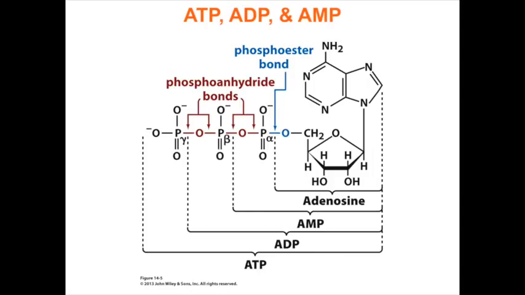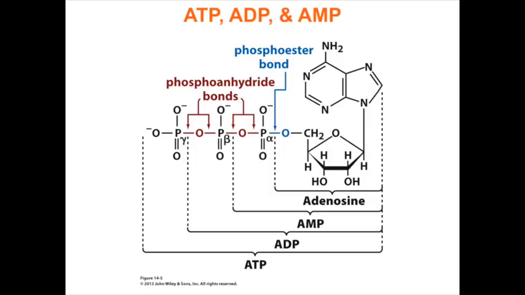The high energy molecule of choice is ATP. We build ATP from ADP, from AMP, and simply from adenosine by adding multiple phosphates. And these bonds are hard to make. They're not easily made. They take an input of energy to make them. But once we have these bonds made, they store that energy until we break those bonds.